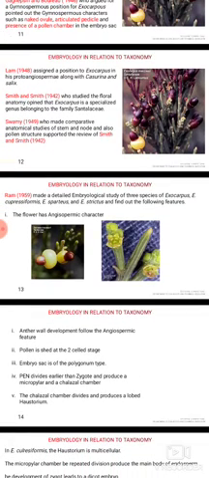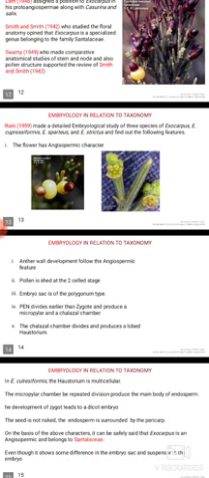Anther wall development follows the angiospermic feature, and the pollen is shed at 2-cell stage. Embryo sac is of Polygonum type. The primary endosperm nucleus divides earlier than the zygote and produces a micropylar and a chalazal chamber. The chalazal chamber divides and produces a lobed haustorium.